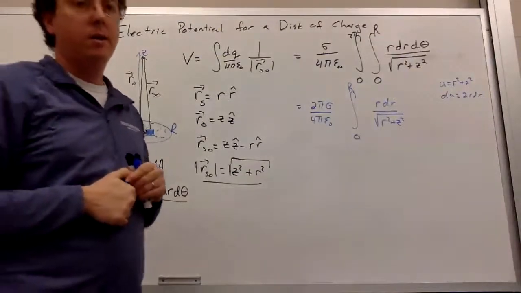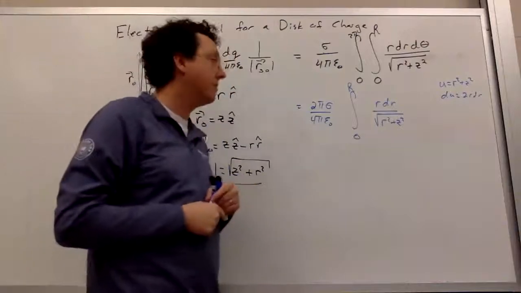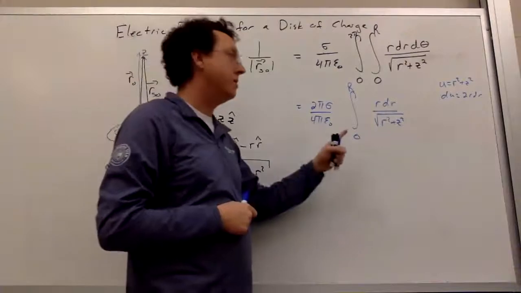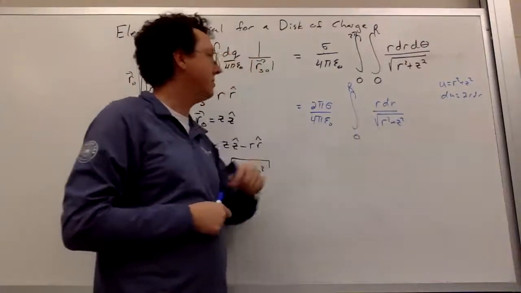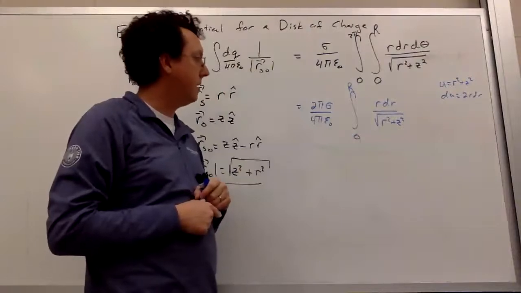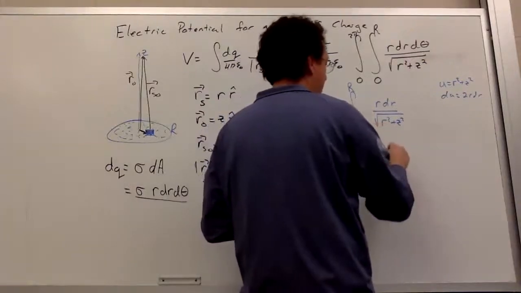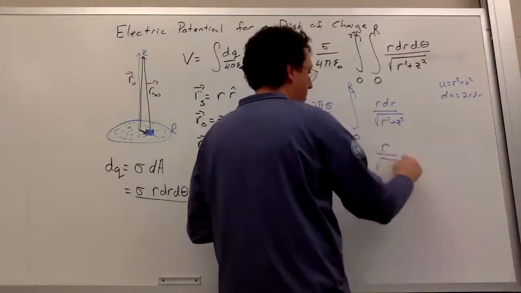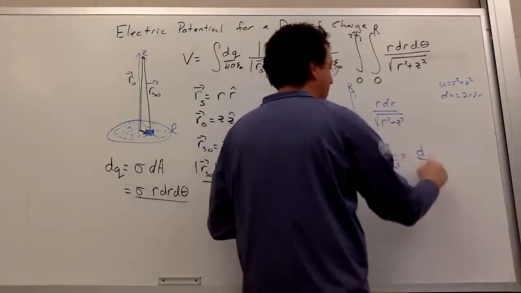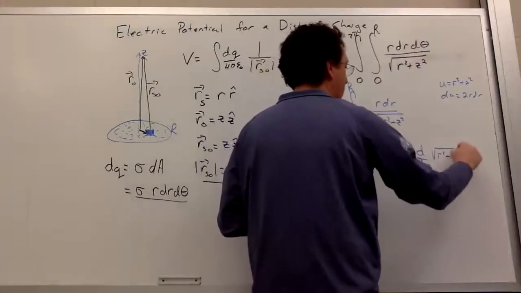Or it's a little faster for me mentally just to look at it and think to myself, what function has this as a derivative? I look at it, and I think, oh, this, r over the square root of r squared plus z squared, looks like a derivative acting on the square root of r squared plus z squared.